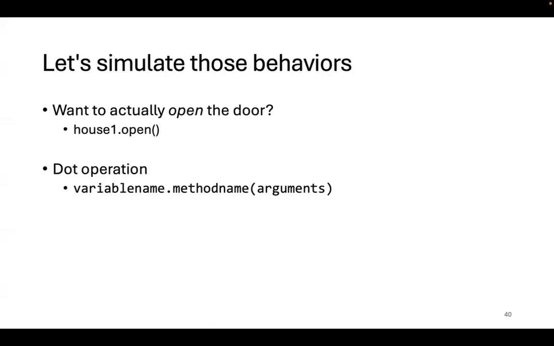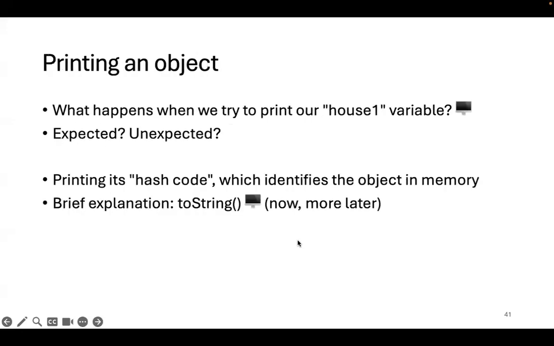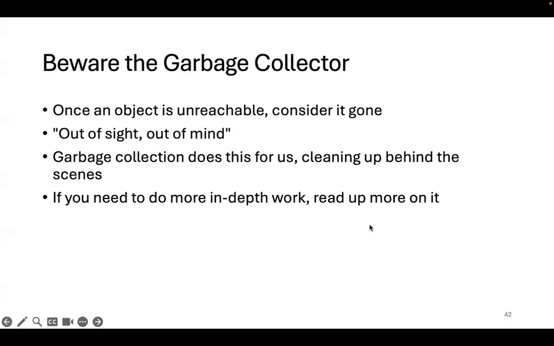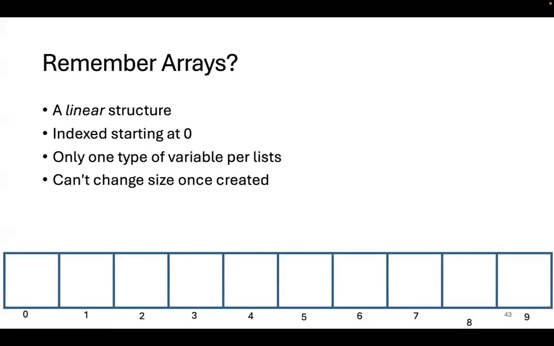And so we use that with the dot operator. So we say house1 dot open front door. We looked at what happens when we print it. We briefly talked about garbage collectors.